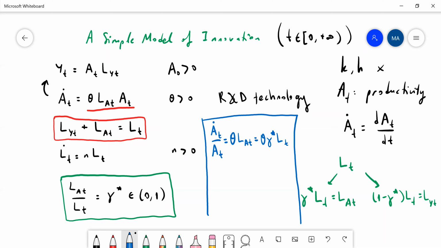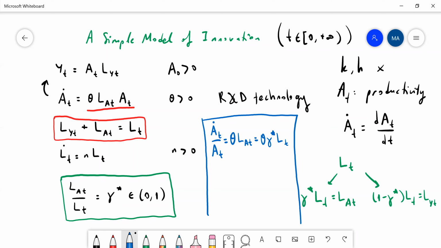Okay. So what is output per worker? Well, output per worker will be Y(t) divided by L(t), right? So what is Y(t)? Y(t) is A(t) L_Y(t) divided by L(t). So y(t) will be equal to A(t) times 1 minus gamma.